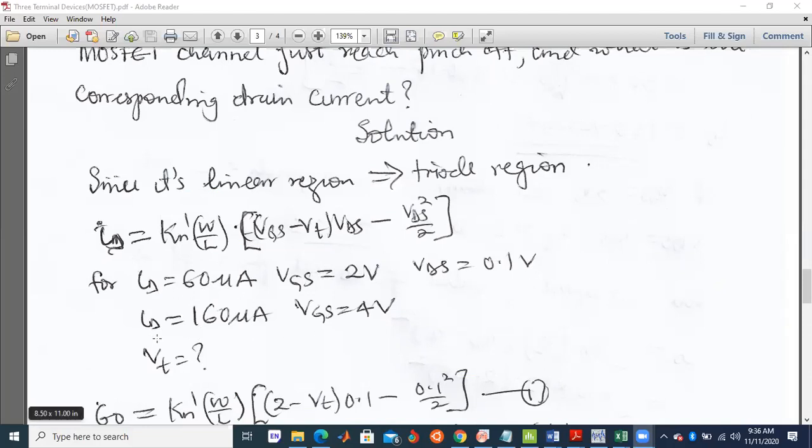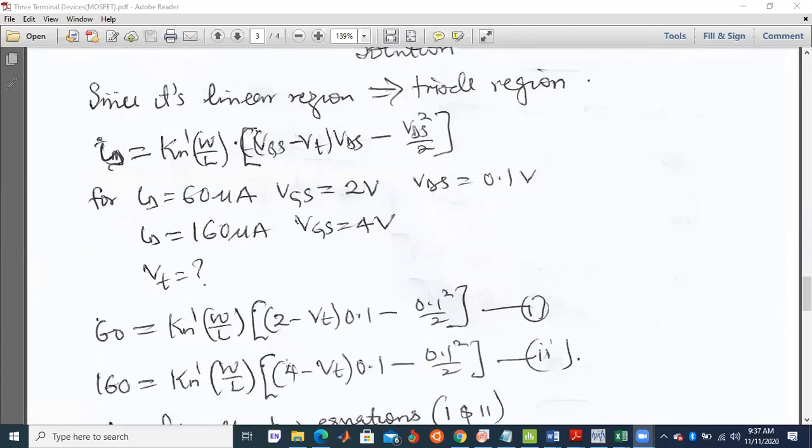The second ID is 160 microamps, and VGS is equal to 4 volts. So we have to find VT. It means that you have two simultaneous equations. You know your VDS to be 0.1. You know your VGS, the first one is 2, the second one is 4.